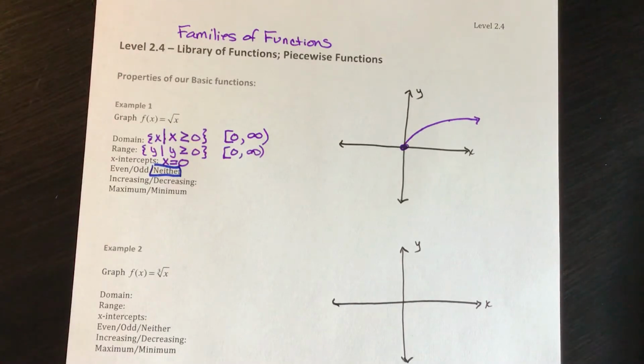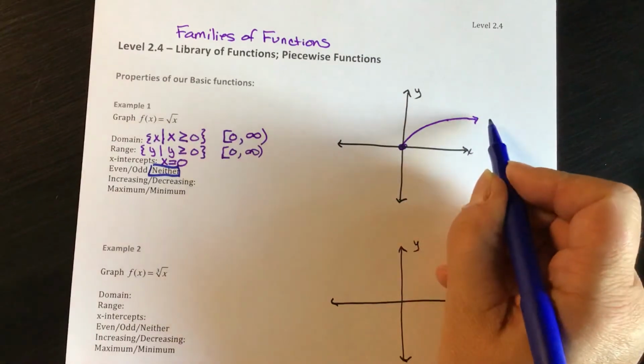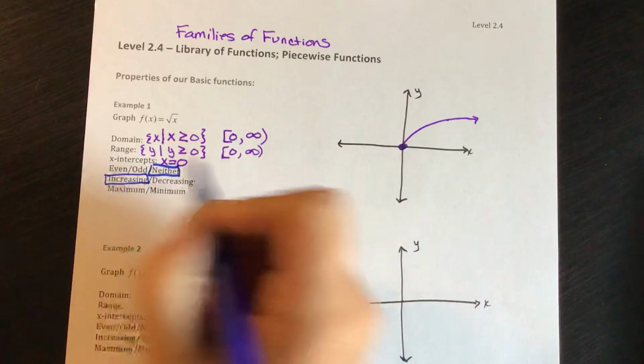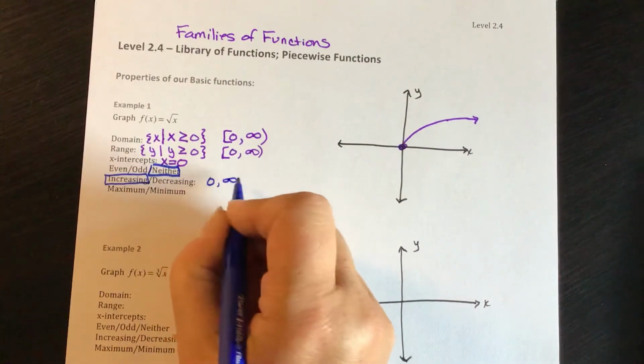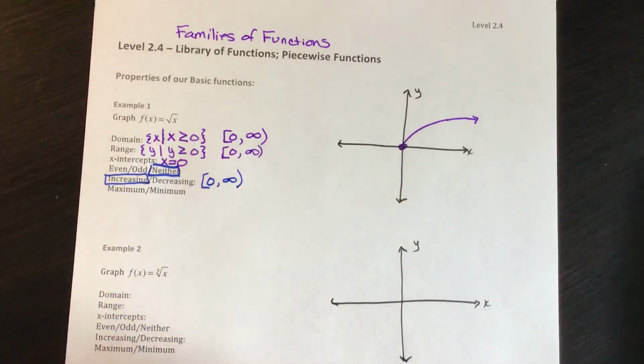This is a function that, if I start down here, is always increasing. So we're increasing all the time, and that's from 0 to infinity. All right, we're always increasing in this section.